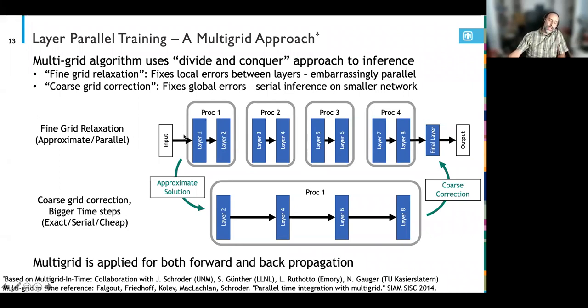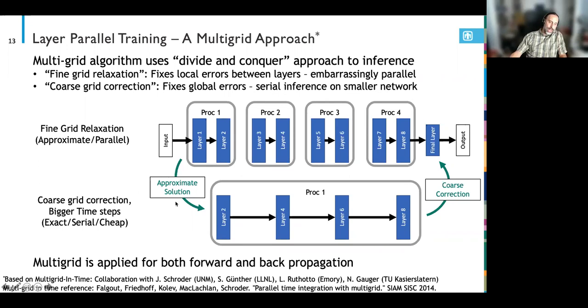Okay, and then we're going to do a relaxation here. So we're going to do several sweeps of forward propagation in this case. And that produces a local approximation of the state of the neural network.